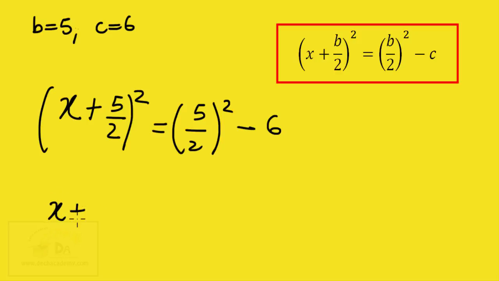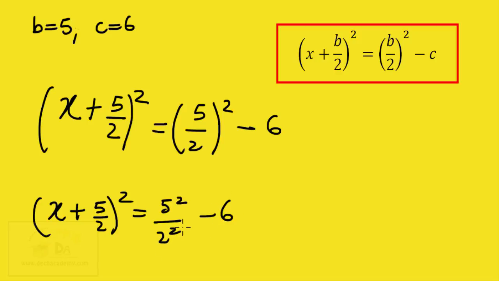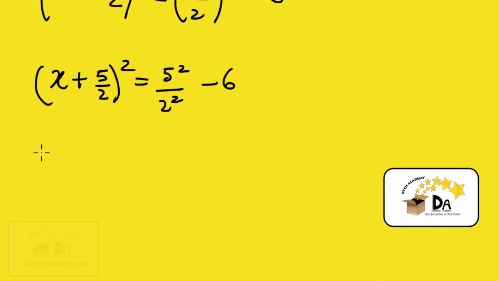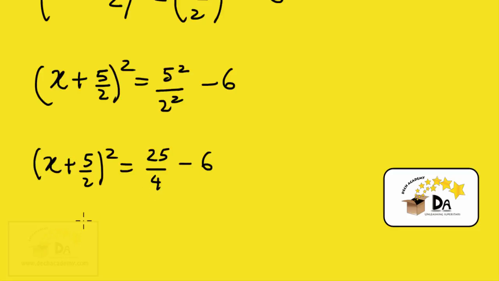On the left hand side, we have x plus 5 over 2 all squared equals, what's 5 over 2 all squared? Well, from indices you can tell that that's 5 squared divided by 2 squared, minus 6, which gives x plus 5 over 2 squared equal to 5 squared is 25, 2 squared is 4, minus 6.